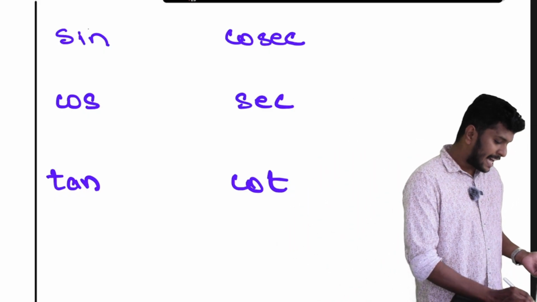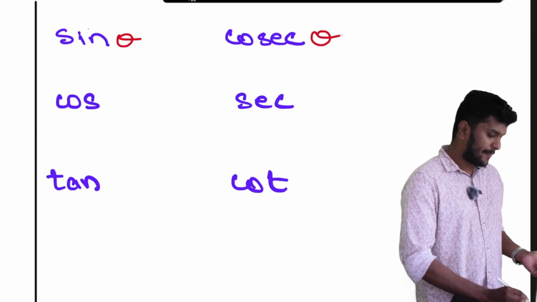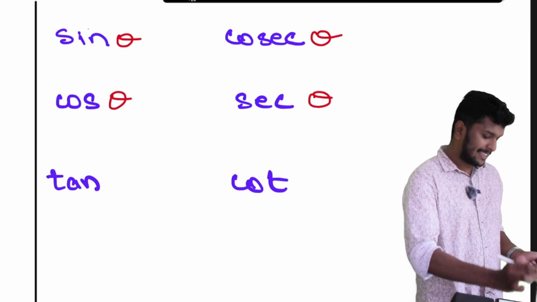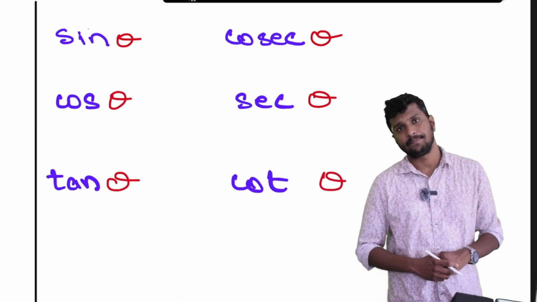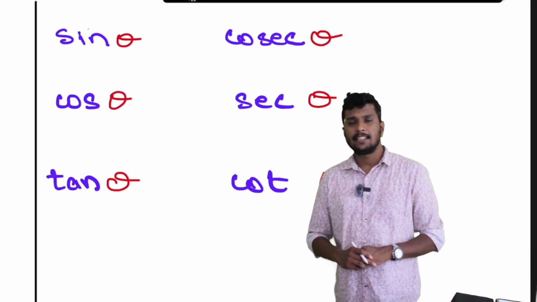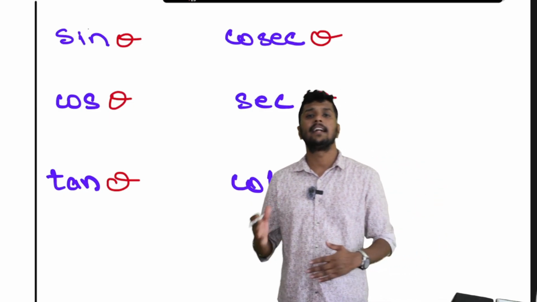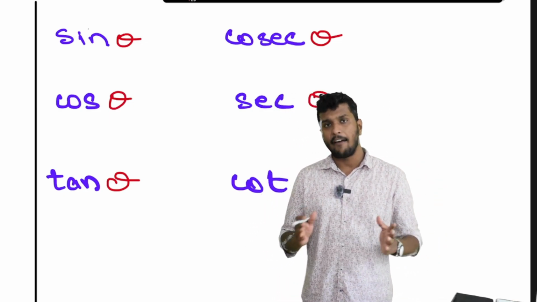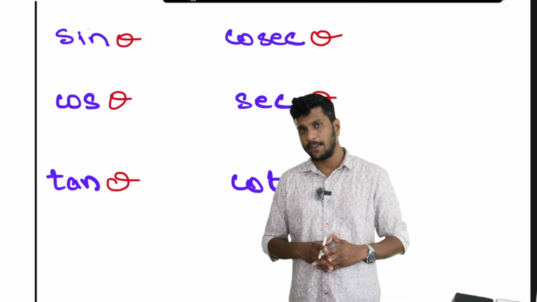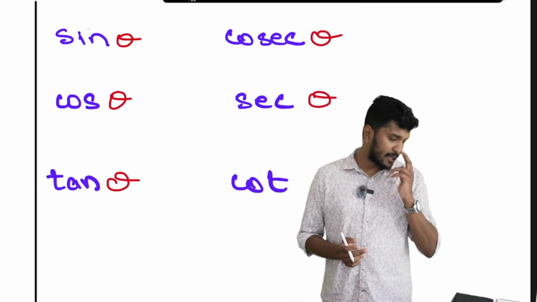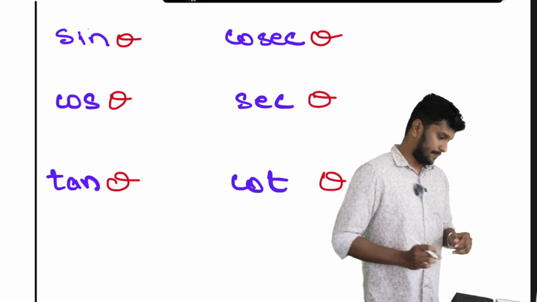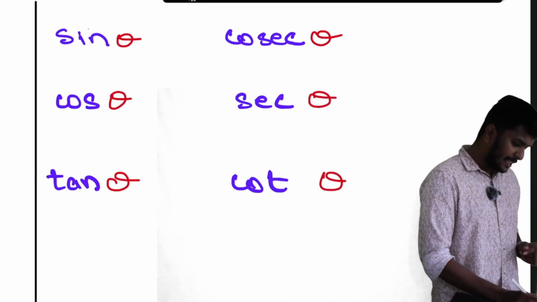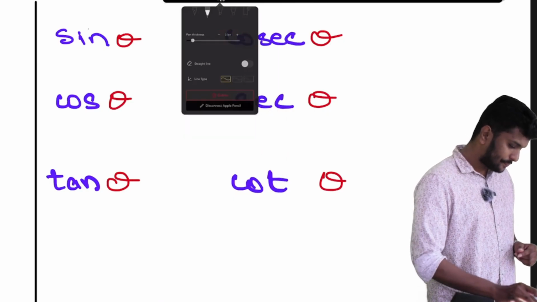So we have sin theta, cosec theta, cos theta, sec theta, tan theta, and cot theta. Now we are going to learn the reciprocals of each.